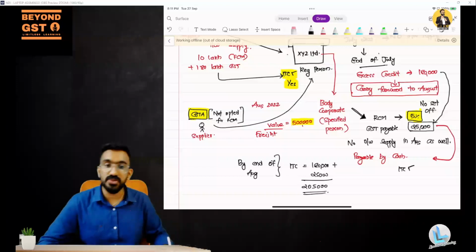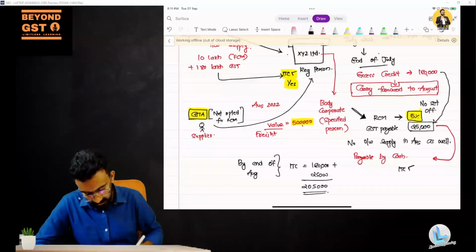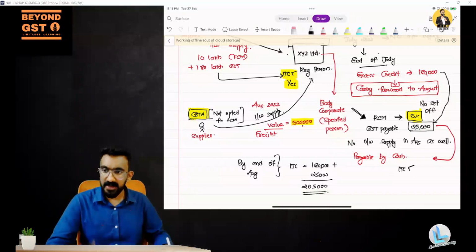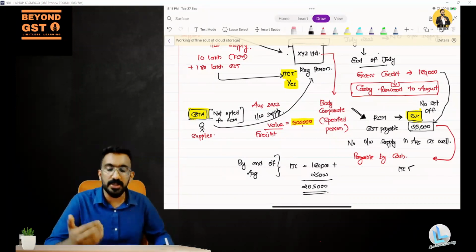Yes, that is also there, inward supply. So this service from GTA is also inward supply. That also can be taken as ITC. So 1,80,000 opening credit on 1st August, plus 25,000 credit that is available, which is paid under RCM. Total credit would be 2,05,000.